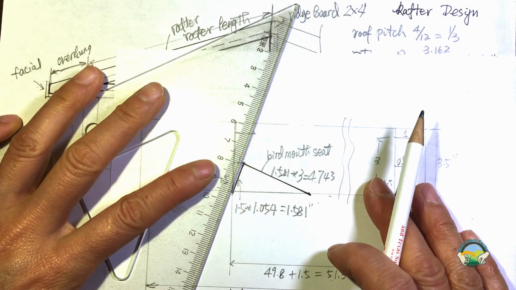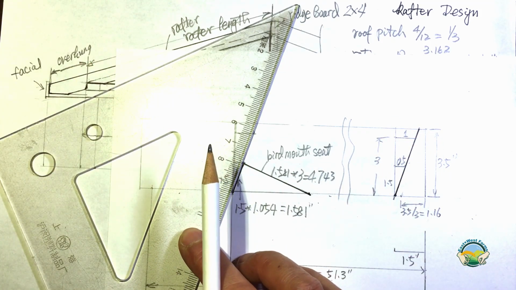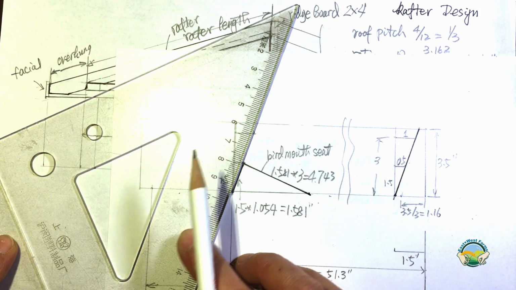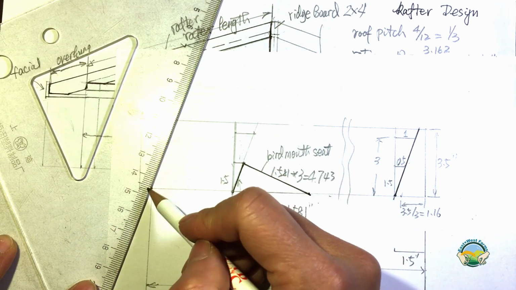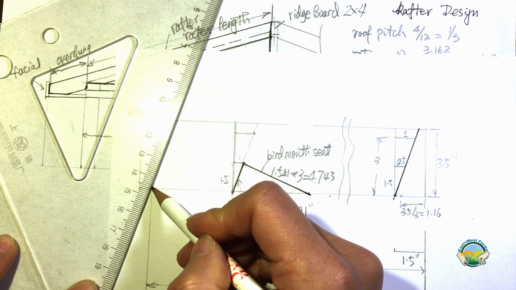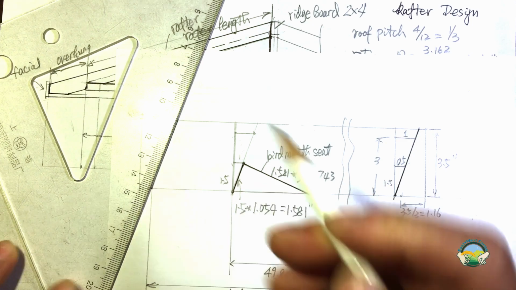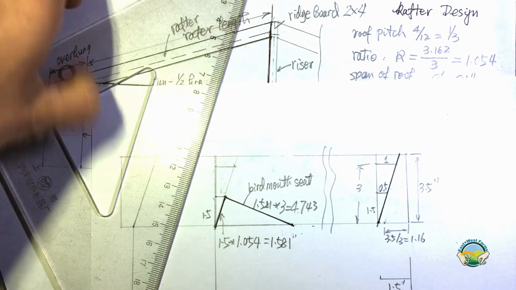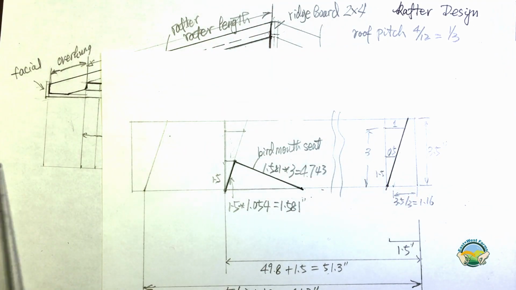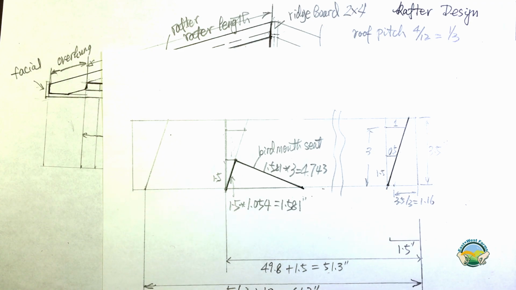In this case, I will just do parallel because it's just repeating itself. So it's faster to just draw a parallel line. So that's the tail of the rafter. So you make that cut.